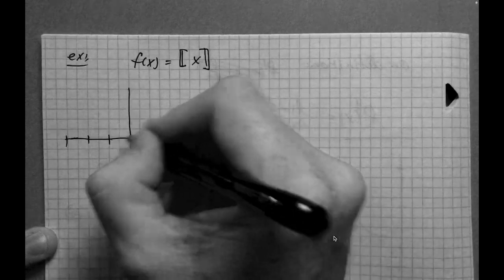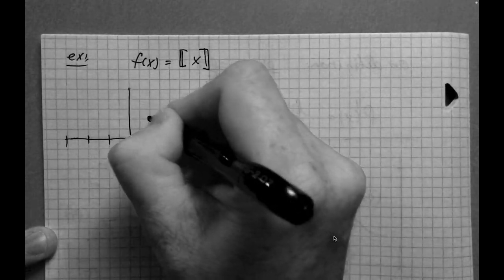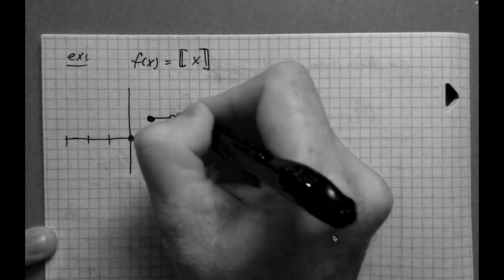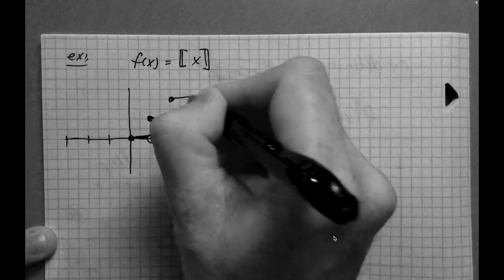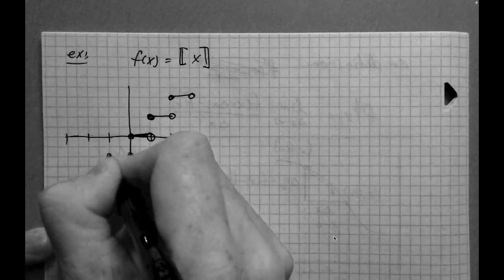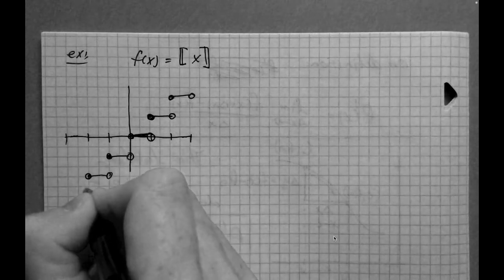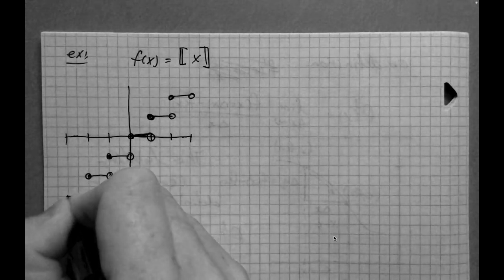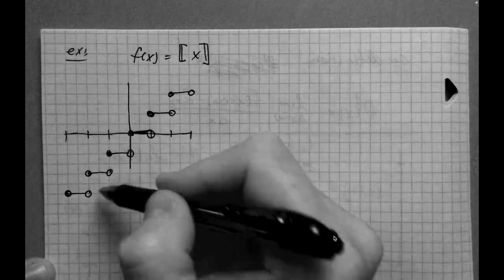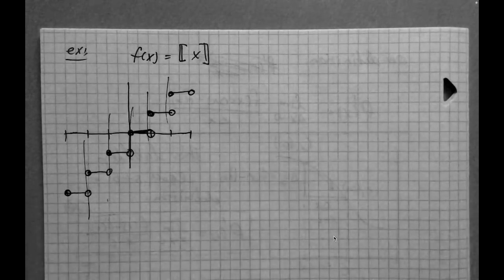For example, it would exist here, and then it would jump up, and there'd be a hole, and then it would jump up, and then there'd be another hole. And the same thing was true down below, and so on. Basically, we have non-removable discontinuities at every integer value.